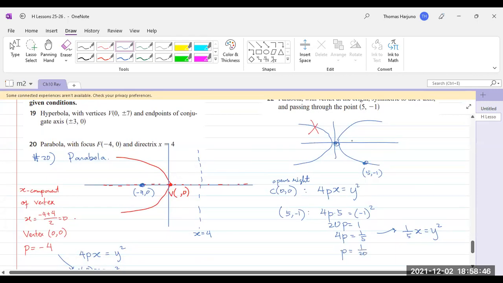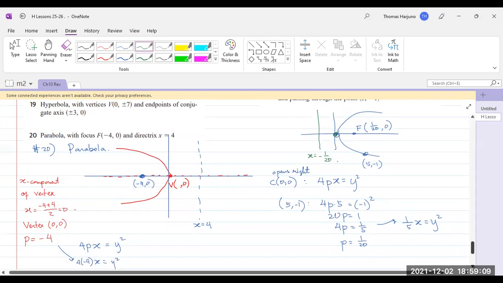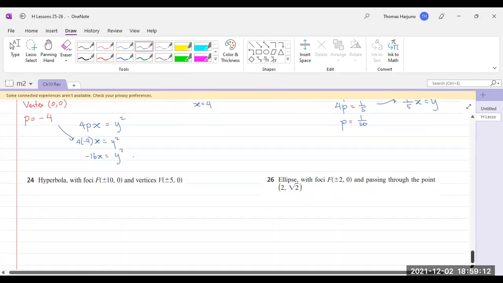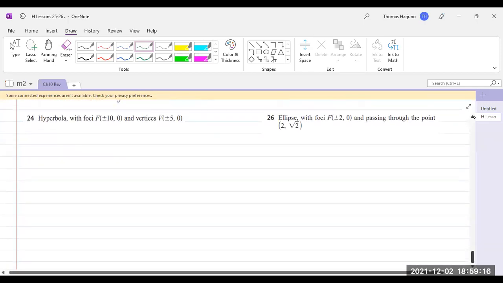So the focus here will be (1/20, 0), and the directrix is x equals -1/20. Remember, the vertex is the origin. That's for number 22. Let's do two more questions and then I end this lecture.